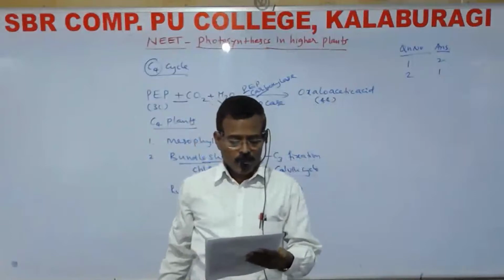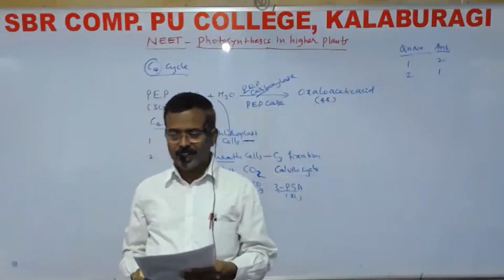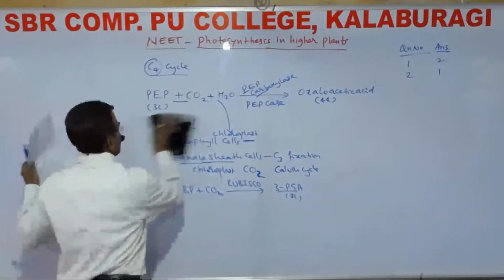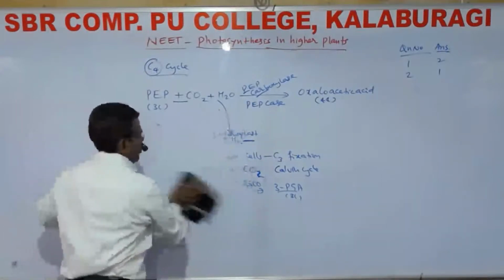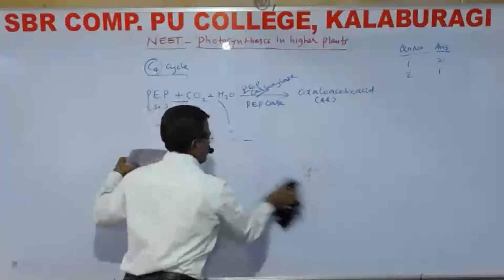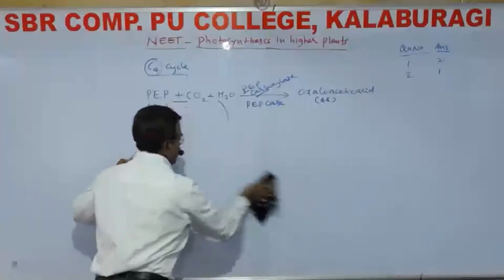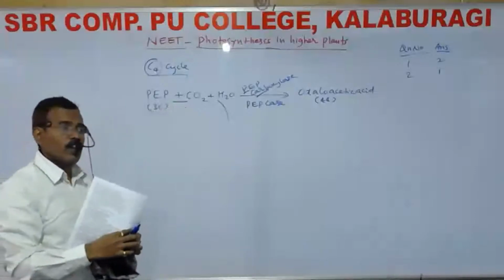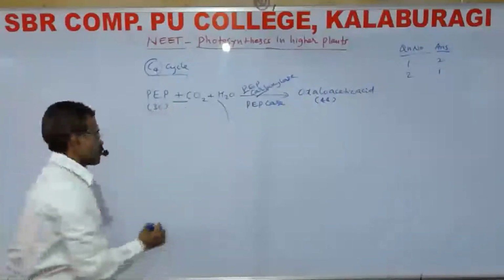Next, photosystem 1 is located on. So photosystem 1, or pigment system 1, whatever you call it. Based on the order of their discovery, you have photosystem 1 and photosystem 2.